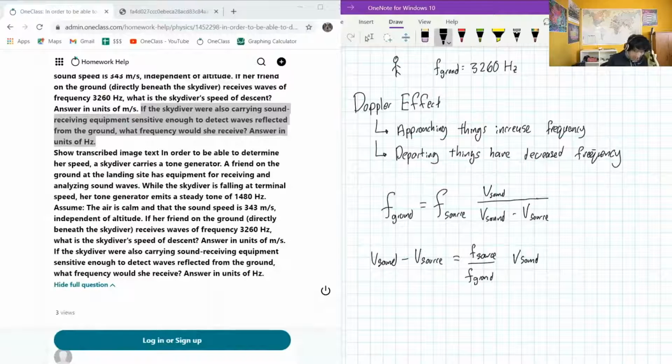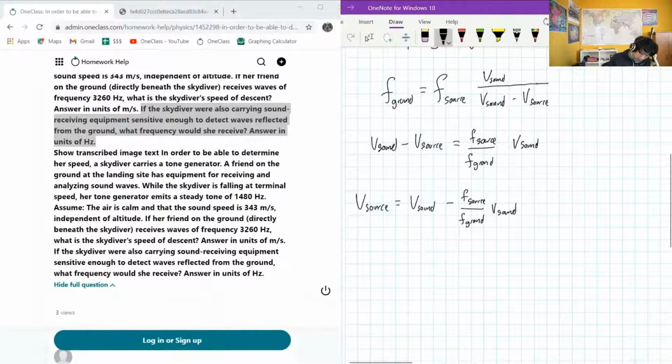And we can isolate V source by switching the sides. So V source is equal to V sound minus F source over F ground, the velocity of sound.